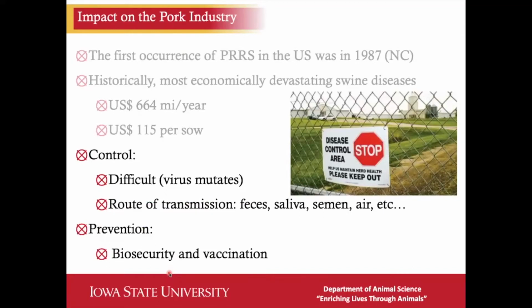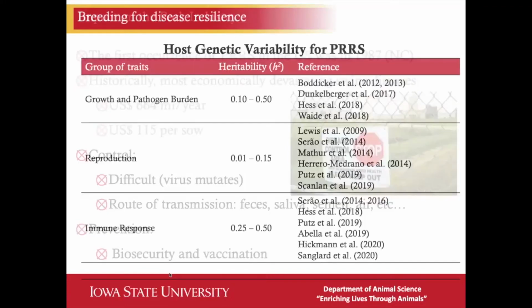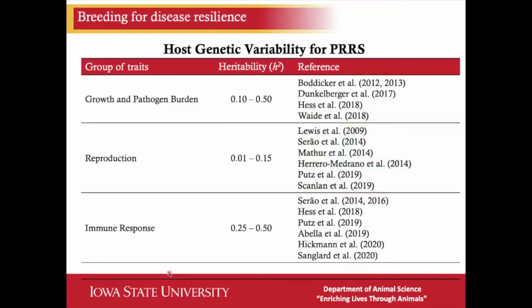So another tool that we could potentially use is to select animals that are genetically more resilient to PRRS. And what we need to look at again is this measurement of heritability: how much of what we see the animal produces is due to the host genetics of that individual.